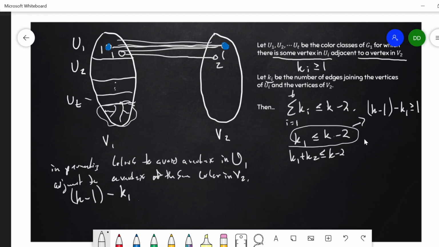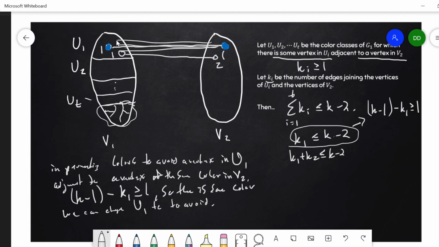Just do some algebra and rearrange that. This is at least 1, so there is some color we can change U1 to, to avoid this situation where we have a color here adjacent to a color here.